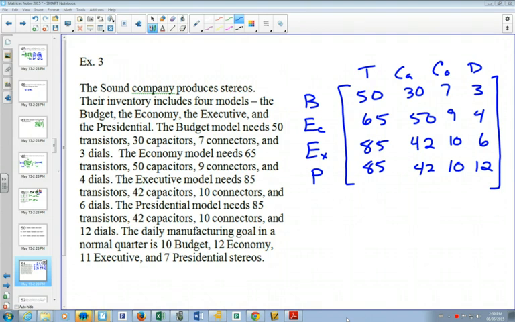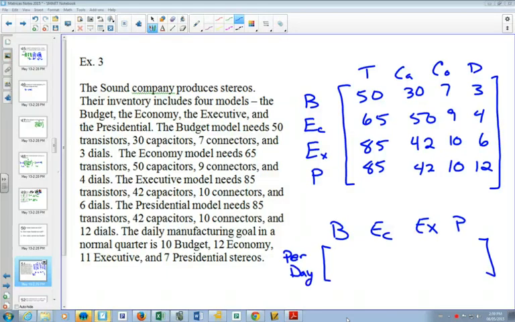Daily manufacturing goal in a normal quarter is 10 budget, 12 economy, 11 executive, and 7 presidential. So now I'm going to create another matrix that represents that, but I'm going to put my matrix this way so that if I do use matrix multiplication, the columns and the rows will match up.